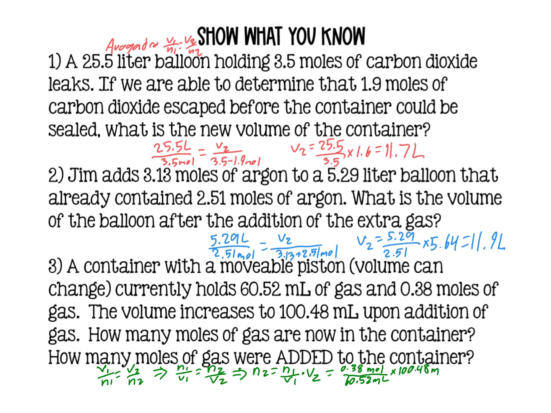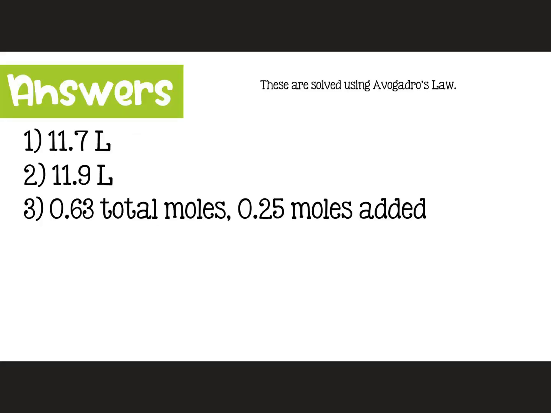Now let's type everything into the calculator. That will give us a new number of moles of 0.63. When we subtract 0.38 from 0.63, we get that 0.25 moles of gas were added to the container.